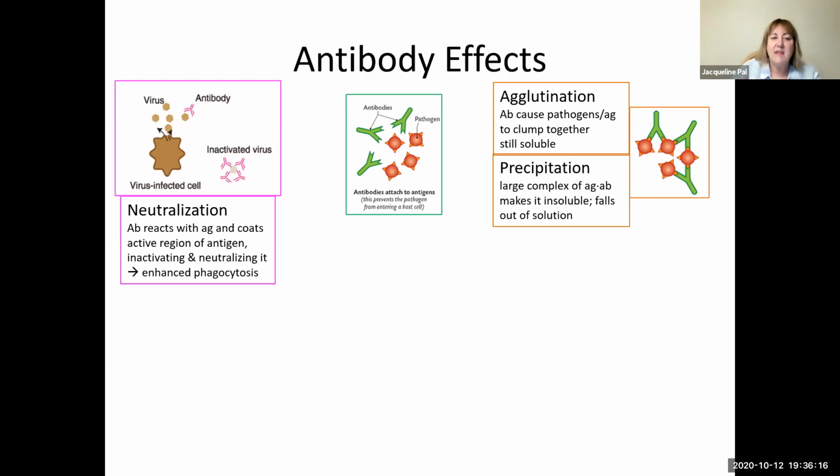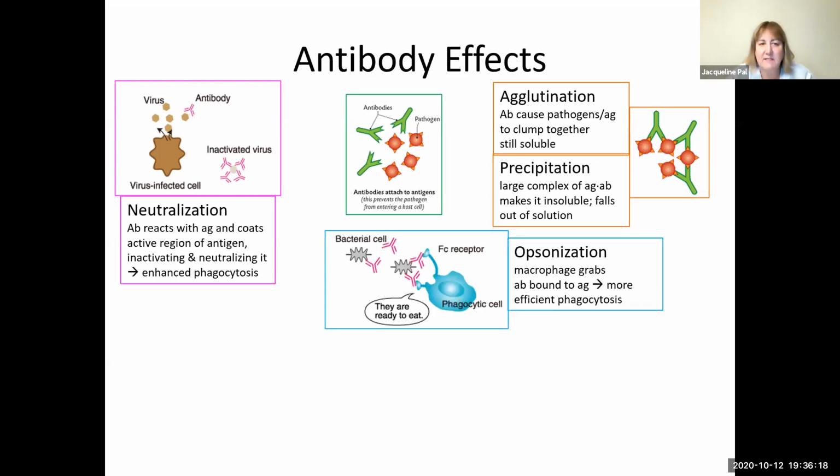All right. The next type is opsonization, which is very similar to neutralization, but it doesn't neutralize it. What happens is the antibody binds to the antigen and the macrophage binds to the other end of the antibody.